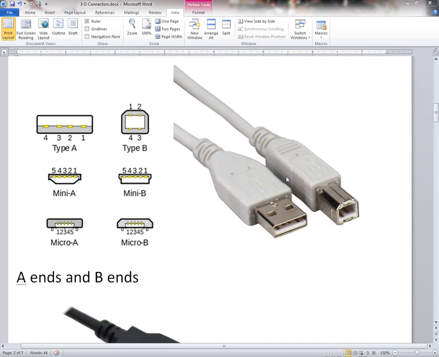USB devices can also be self-powered, so they have a power adapter that goes with them, or they can draw all of their power off of the bus. And for bus-powered devices under USB 1.1 and 2.0, each port offers 500 milliamps of power. Now once we get to USB 3.0, we get 900 milliamps of power.